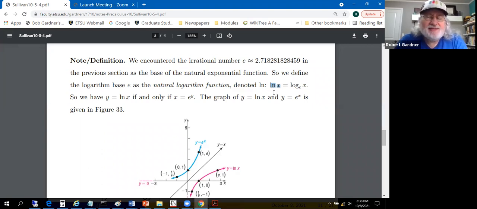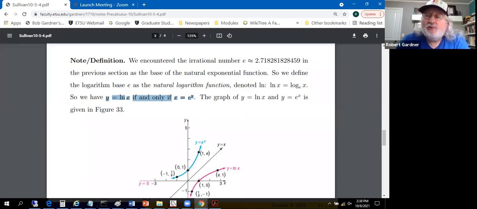In upper level classes, you'll use a different notation, but for the next year or two, you should see natural log functions referred to as ln, n for natural. So we have y equals the natural log of x if and only if x equals e to the y. This is simply a translation of the definition of log function when the base is this number e.